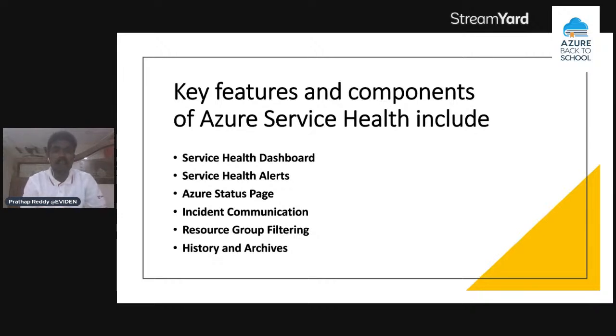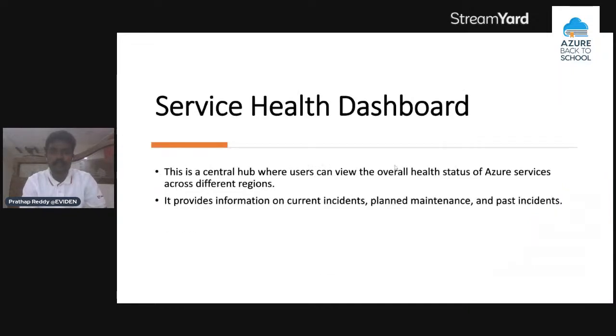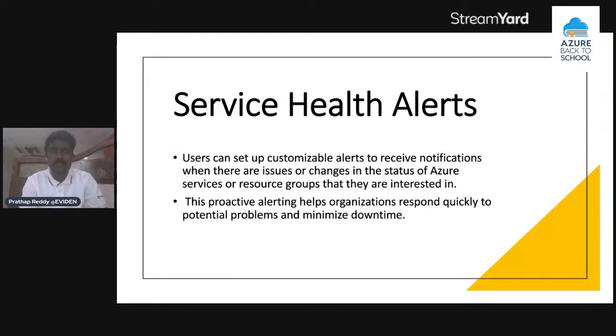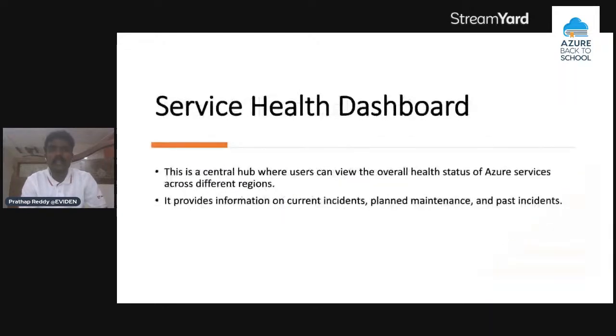Okay, now let's see. The first thing is the Azure Service Health Dashboard. First of all, we need to know what the Service Health Dashboard is. This is a central hub where users can view the overall health status of Azure services across different regions.